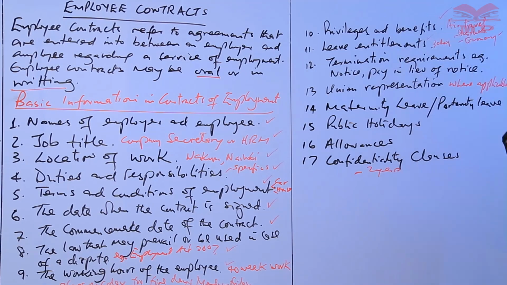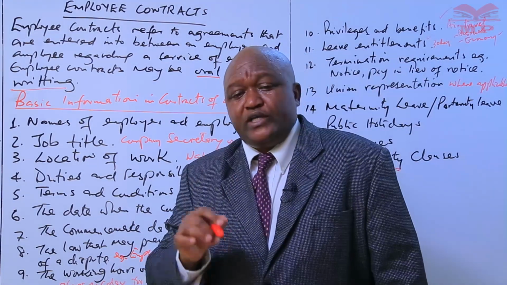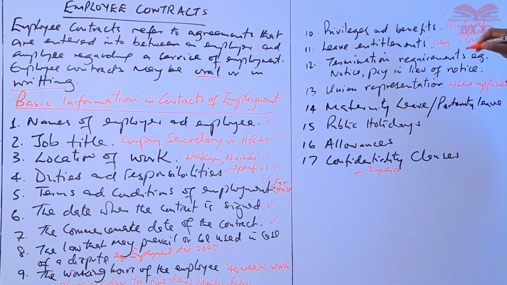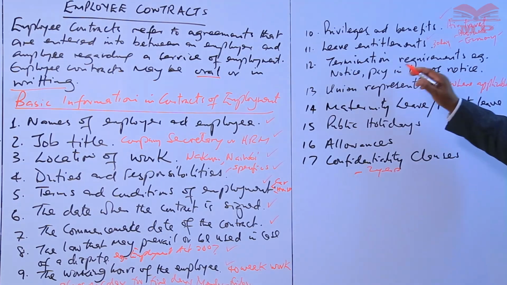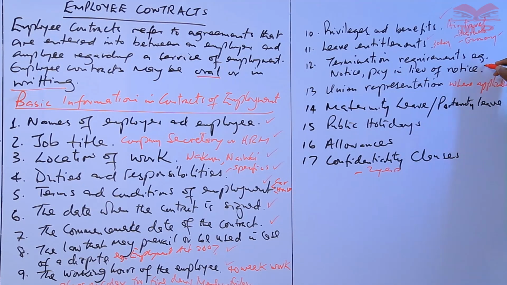Leave entitlements. The contract must be very clear that this particular employee is entitled to 30 days, maybe in a calendar year. Then there is the element of termination requirements, for example, notice, pay in lieu of notice, that should also be provided. Union representation, where applicable, should be indicated.